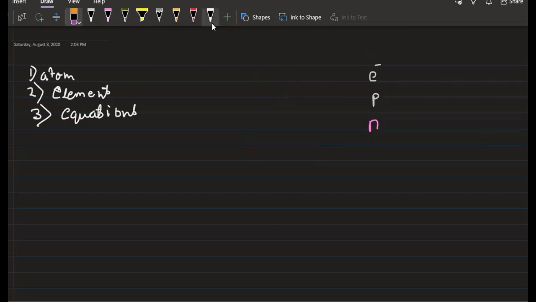So the basic definition is: atom is the smallest unit which can exist independently, right? Electron, proton, neutron do not exist in their free state. They exist only when they are together in the form of an atom. Got it?